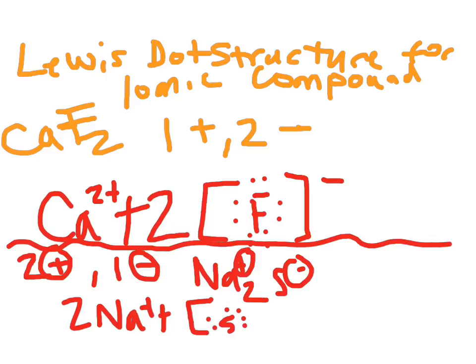Alright, there you go. So basically, your cations don't have a Lewis dot structure around them, but your anions do. They have a full octet, because they are adding electrons. Remember, they're adding electrons, the other ones are losing. They're adding, so they had to have a whole octet, so might as well show the whole Lewis structure.